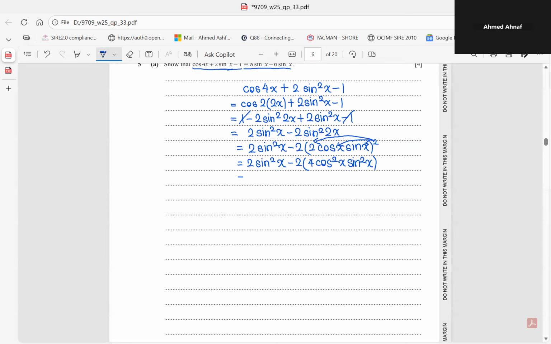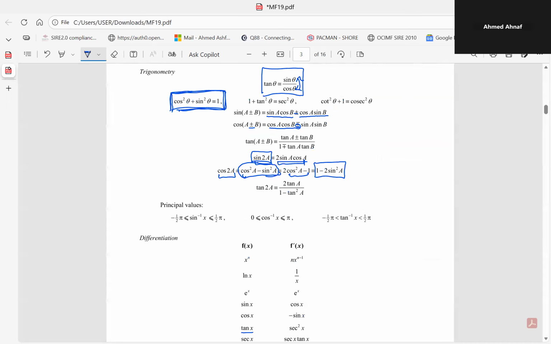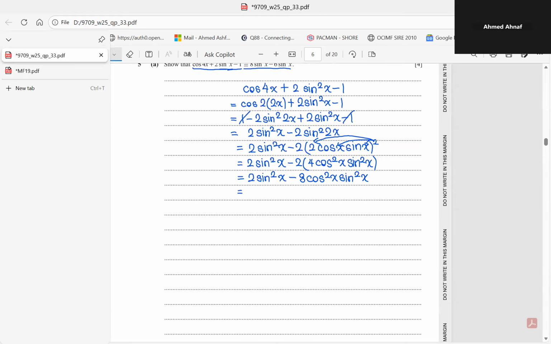Okay, now let's expand everything out. 2 sine squared x minus 2 times 4, which is 8, cosine squared x times sine squared x. So we only have a cosine squared term to manipulate. For that one, we can use a classic identity, cos squared plus sine squared equals 1. So cos squared, we can make it the subject, then we'll get 1 minus sine squared.